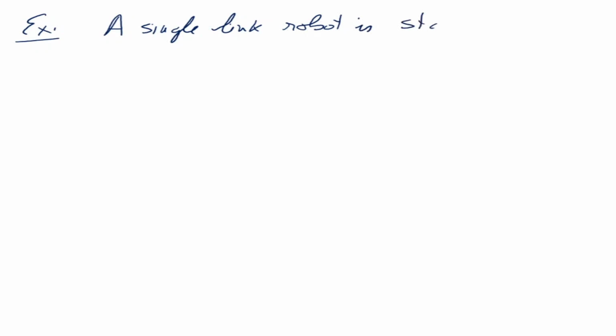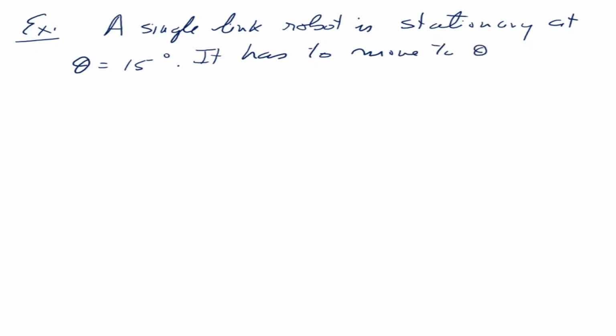Okay, so let's look at an example. Let's say we have a single link robot that is stationary at theta equal to 15 degrees, and it has to move to theta equal to 75 degrees in, let's say, 3 seconds.